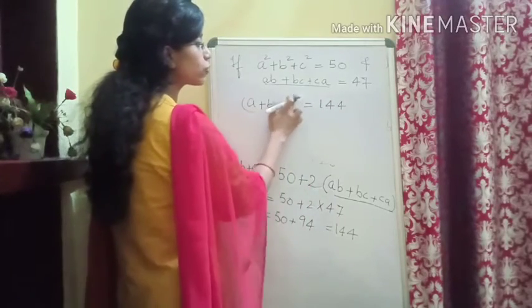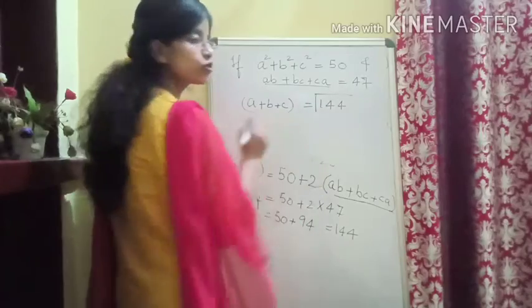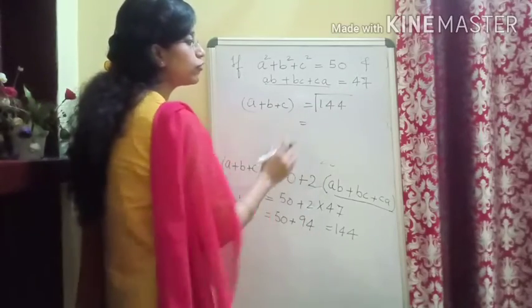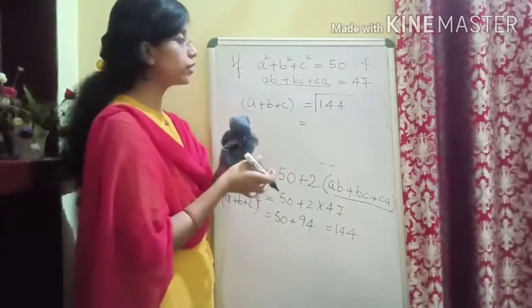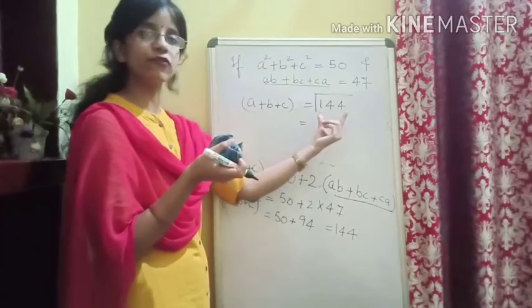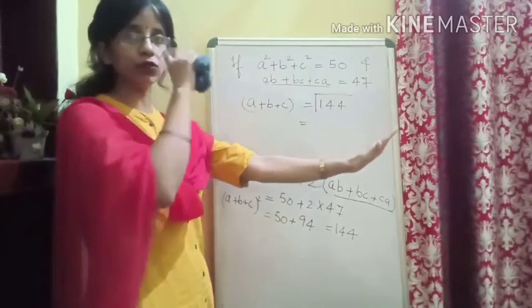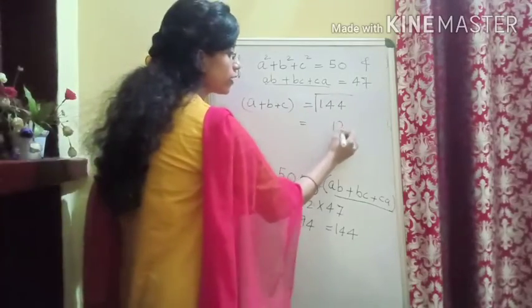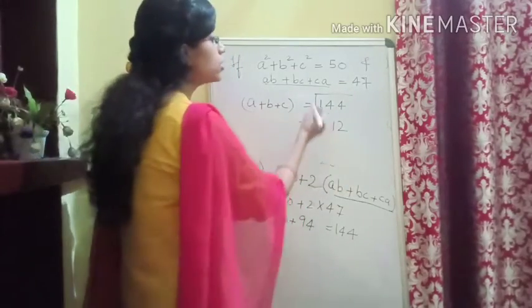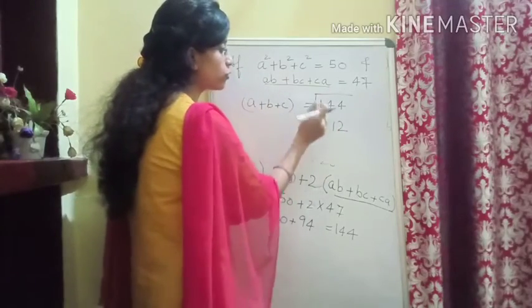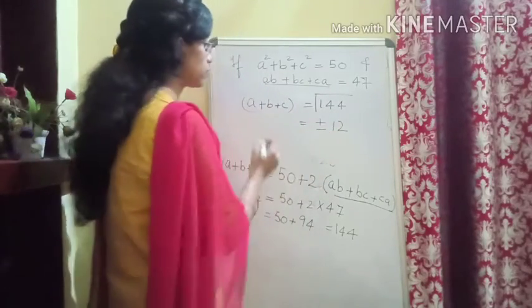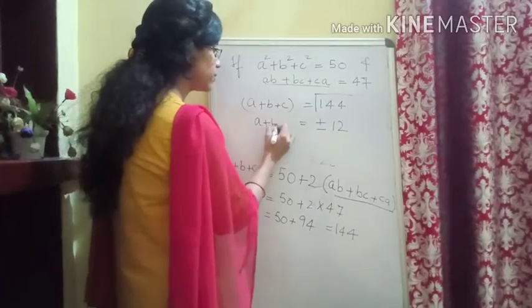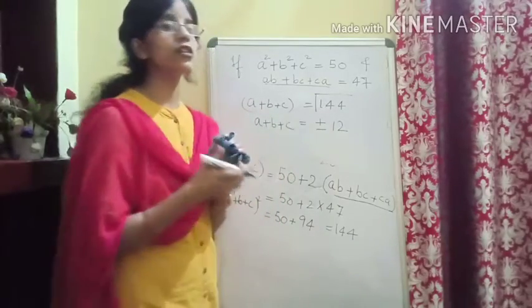Now the square root of 144, I think you already know it is a perfect square of 12. Otherwise you can write the prime factors, pair the numbers, and take them out. It is simply 12, but whenever we take numbers out from a square root, we always write plus minus. So the value of a plus b plus c will be plus minus 12.